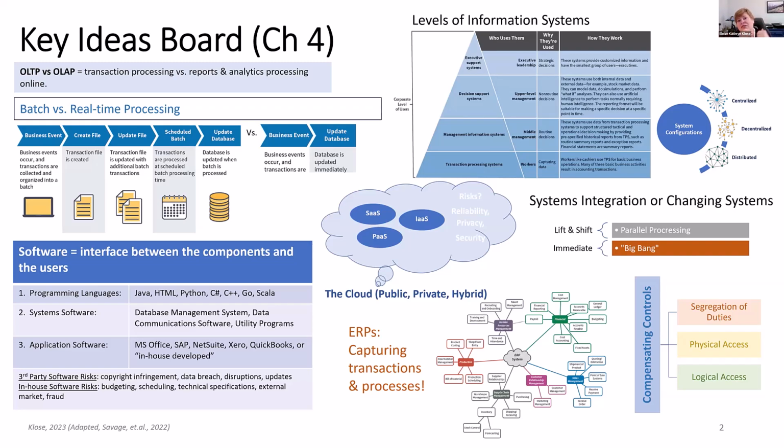And then the highest level is executive support systems. This is used by the highest level leadership to make, once again, more non-routine and long-term decisions. So it could have highly customized dashboards that we're looking at. We're not really generating transactions at this stage. We're up in the report and analysis area.